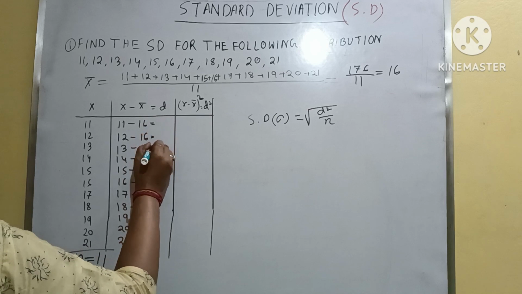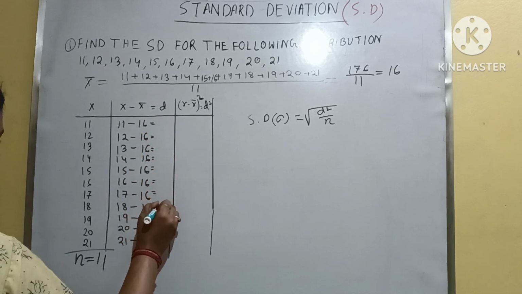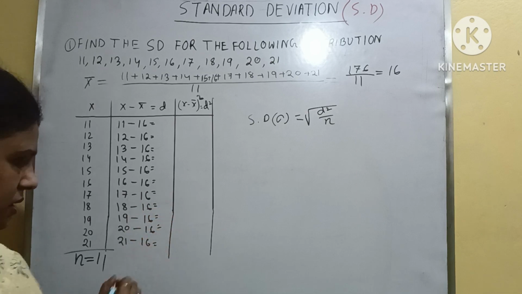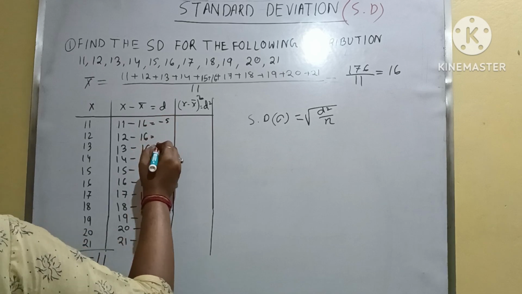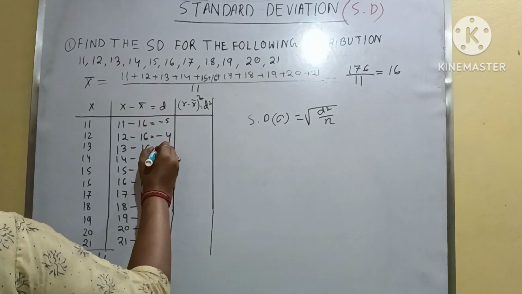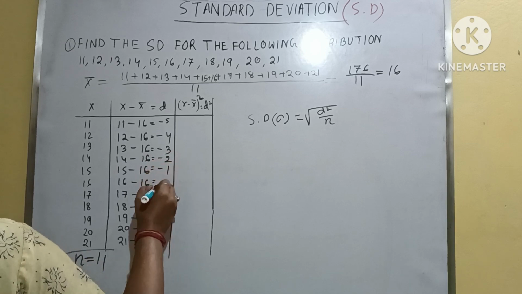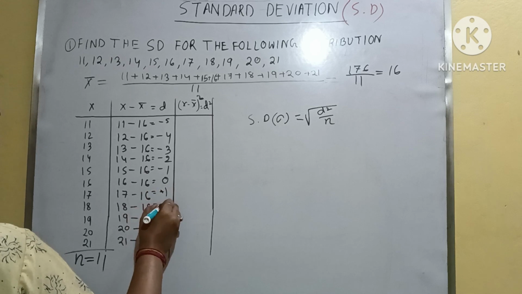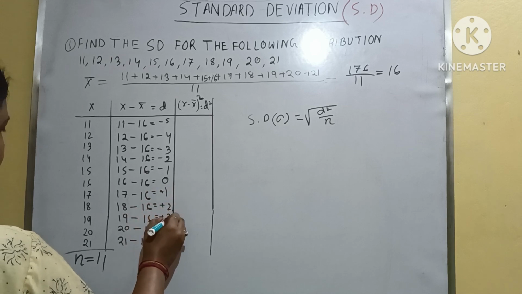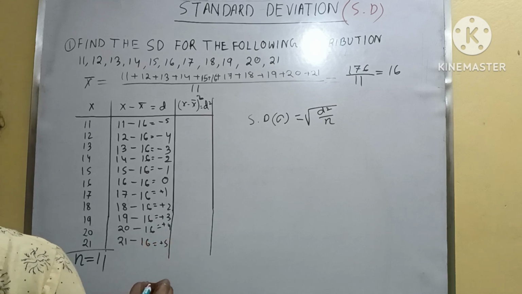Now we put the values. So this is minus 5, minus 4, minus 3, minus 2, minus 1, 0, and then plus 1, plus 2, plus 3, plus 4 and plus 5.